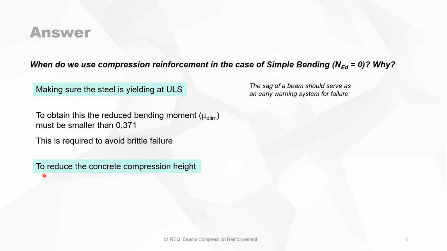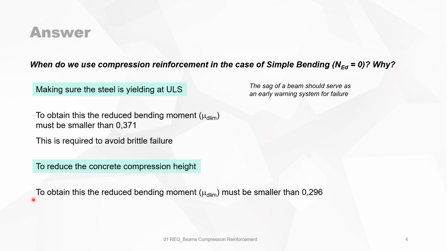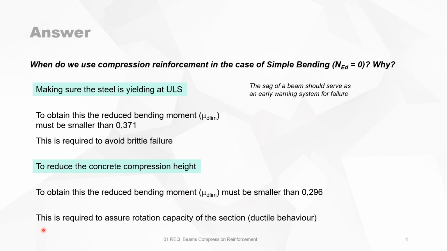Second reason why we are using compression reinforcement is to reduce the concrete compression height. To obtain this, the reduced bending moment μ_limit must be smaller than 0.296, and this is required to assure rotation capacity of the section and to acquire ductile behavior.